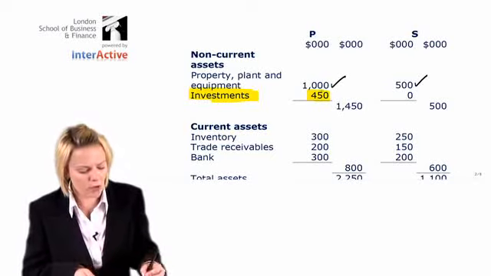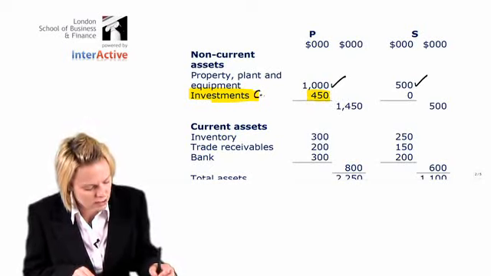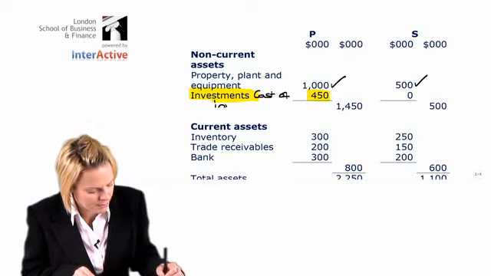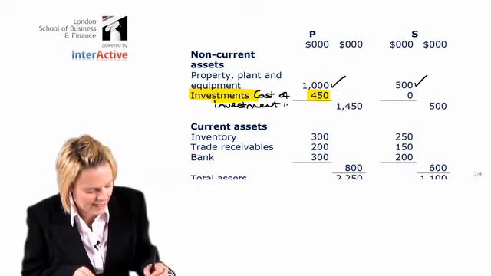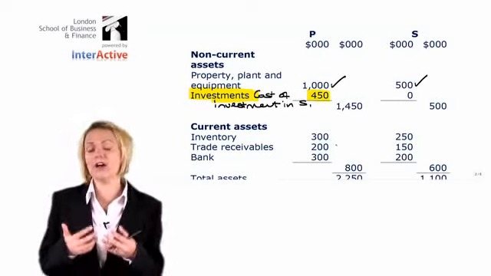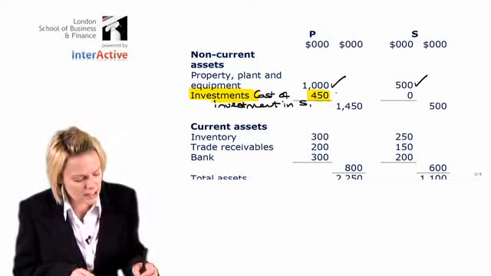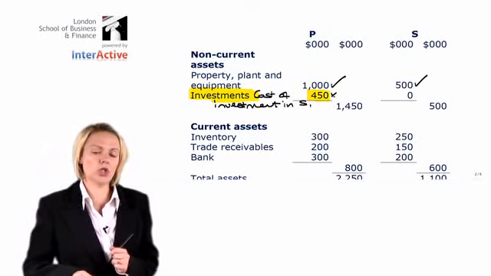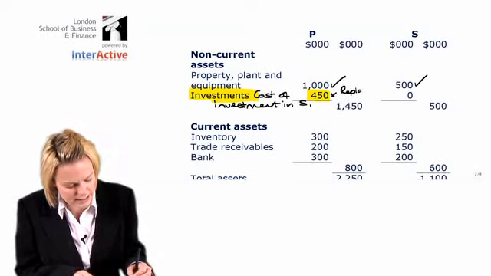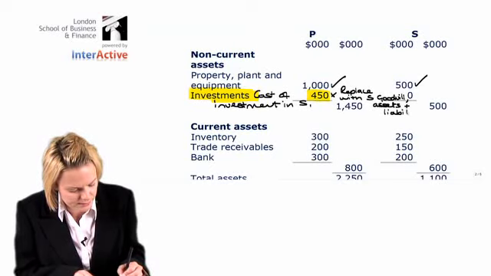And as such, that $450,000 in Company P's financial statements represents the cost of investment in S. That's what we paid to acquire 75% of Company S. Now, the rule is that we must cancel out the investment on consolidation and replace with the subsidiary goodwill, assets, and liabilities.